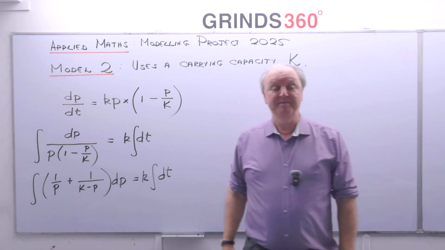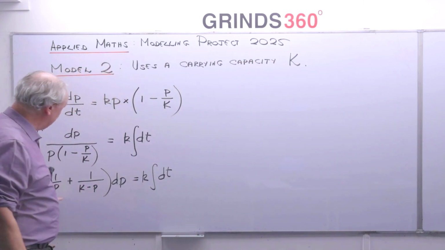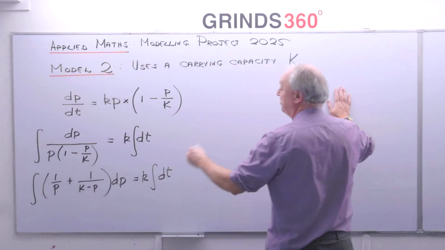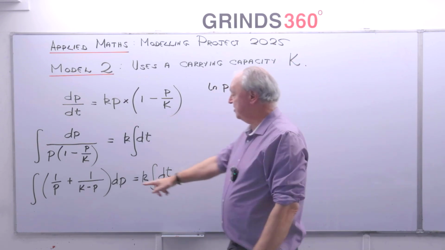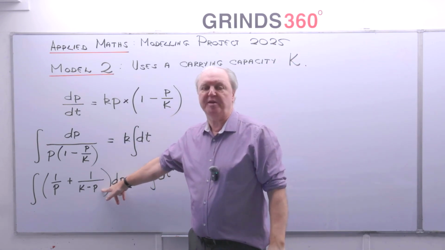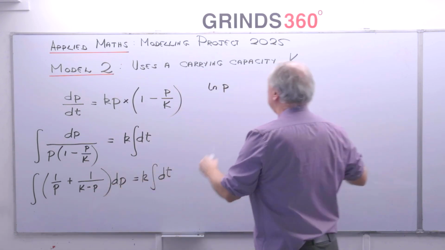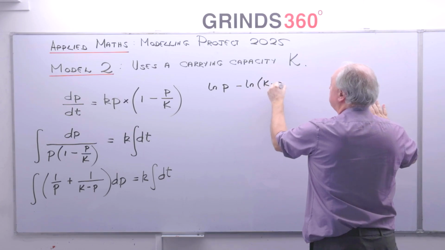Right, so now it's integrable. I just integrate term by term. Use the natural log function to integrate them, so it's the log of p. It's the log of k minus p, but don't forget to divide by the derivative of the function, which is minus 1. So I get minus log of k minus p.